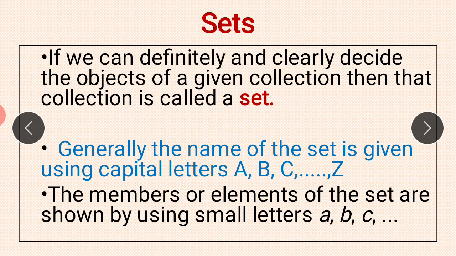Generally, the name of a set is given using capital letters A, B, C, D up to Z. The members or elements of the sets are shown by using small letters a, b and c.